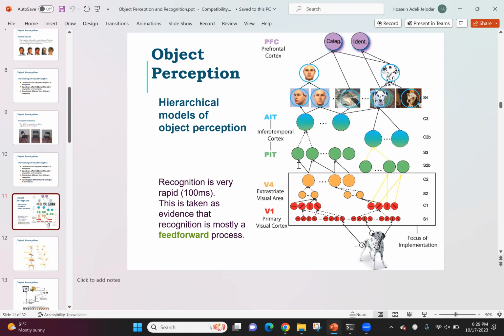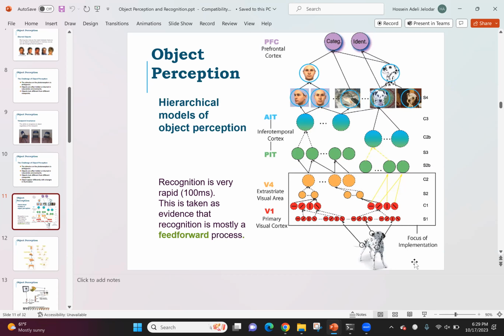A lot of the stuff that we talked about brings us to this point. This is one way to think of visual processing, which is that a lot of visual processing is feedforward. The visual input starts from the eye, goes to the LGN, goes to the primary visual cortex, and then from there it propagates forward in the brain. The process that happens across this hierarchy gives you certain selectivity.